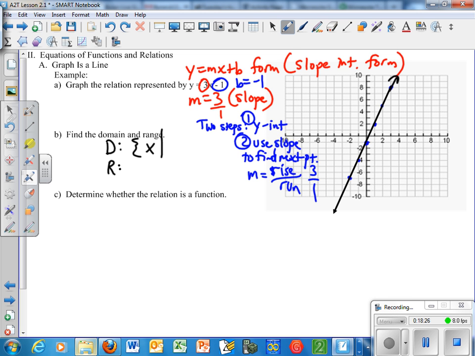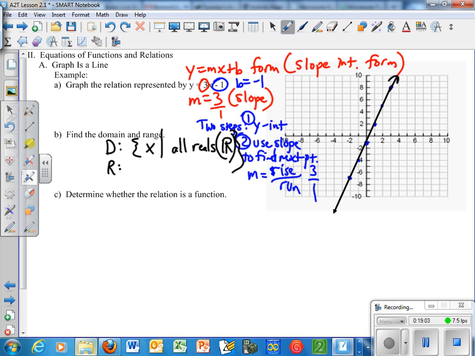So think about the x values. It's going infinitely to the left as it goes down. It's going infinitely to the right as it goes up. And basically, every x value is graphed. So we say the set of all x, that it's all real numbers. There's a symbol that we use for real numbers, which is kind of an R with a double-barred left side. You can use that symbol if you want, or you can write all reals.